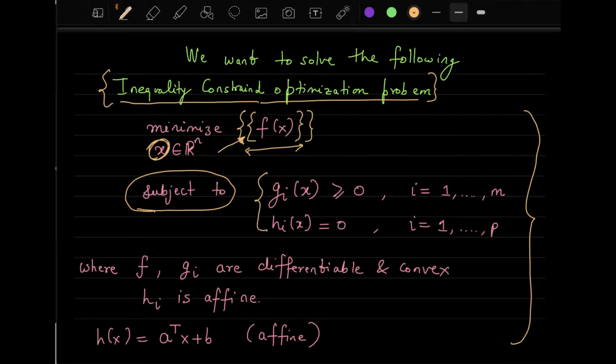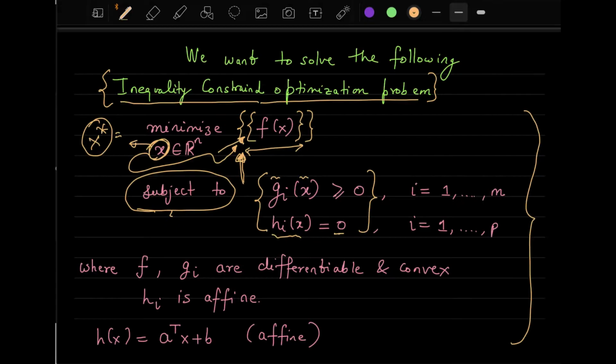These constraints say that you have some g of x, some function of x, which is always greater than or equal to 0, and some h i of x which is equal to 0. Based on these inequality and equality constraints, you are constraining your objective function, and the value of x that gets to the minimum of this constrained objective function will be your x star. That is the optimal value that you will obtain from solving this type of problem.